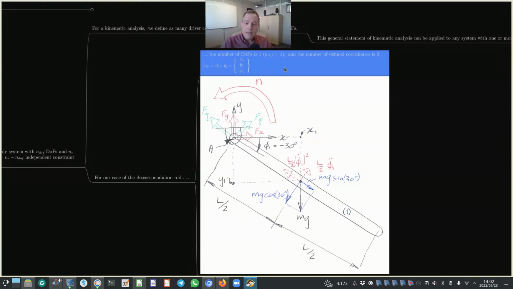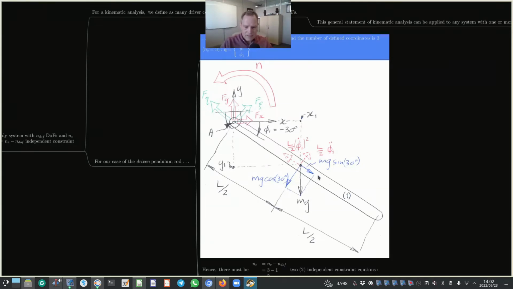The number of degrees of freedom is 1, and the number of defined coordinates is 3. nv is 3. What you see on the screen here is the column vector q, which consists of the 3 coordinates of this mechanism, which equal the 3 coordinates of body 1, since our mechanism only contains a single body.